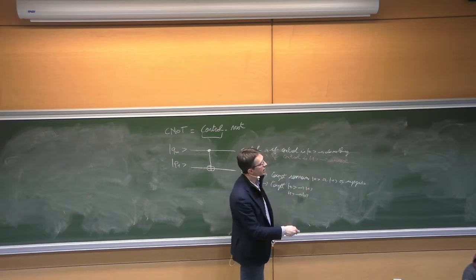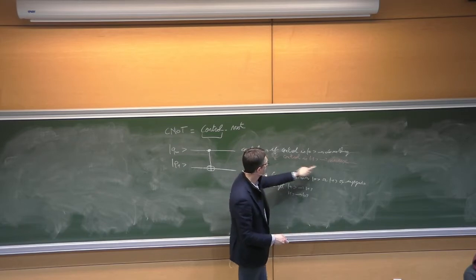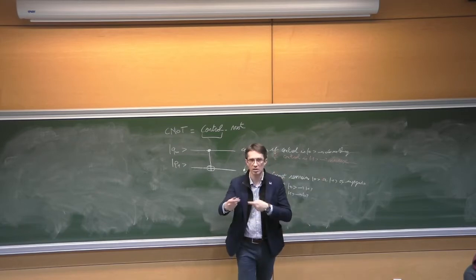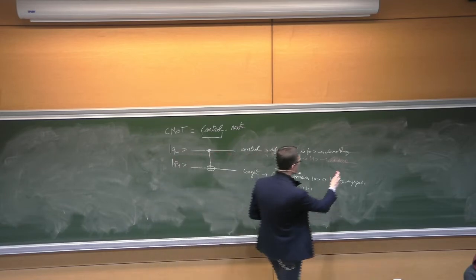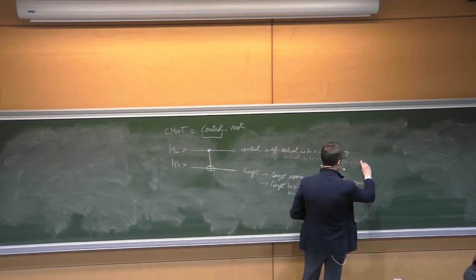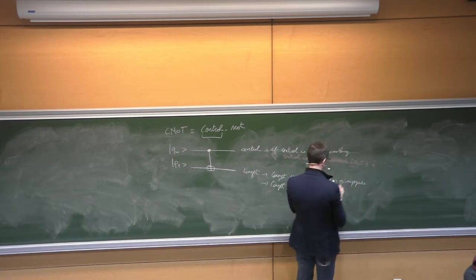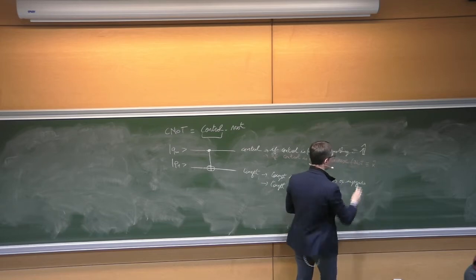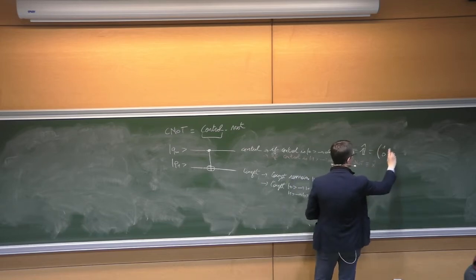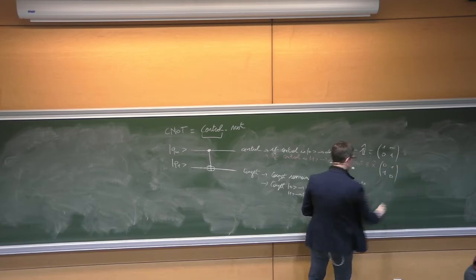So the do nothing is just the identity matrix for this part. But if 1, then inverse, and inverse is a NOT gate, so it's the X gate. So X, and the do nothing is identity. So identity is 1, 0, 0, 1, and inverse is 0, 1, 1, 0.